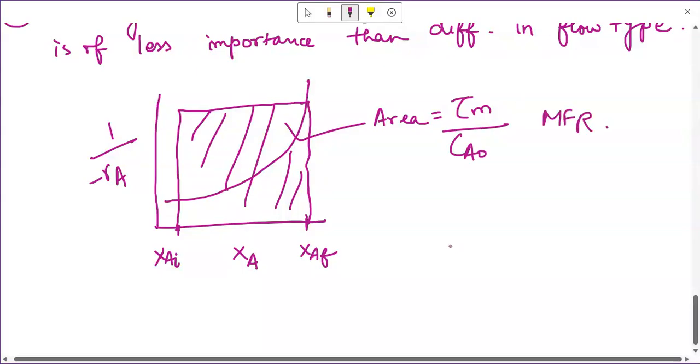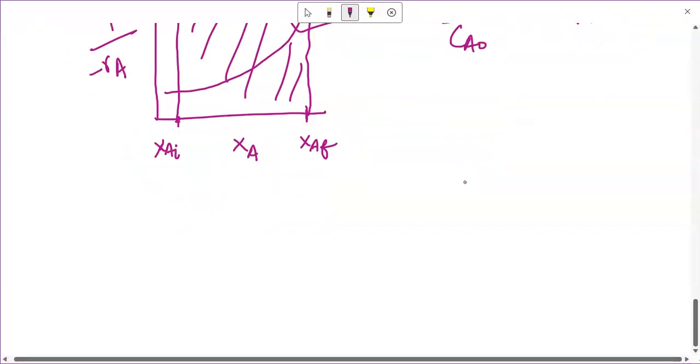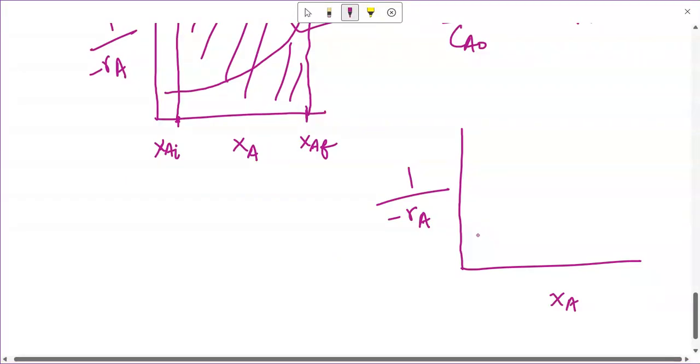If you have a PFR, let me just draw this diagram again. So you have XA, you have 1 by minus RA on the y-axis, and this is your rate curve. This is XAI, this is XAF. Then the area, slight mistake from my side.